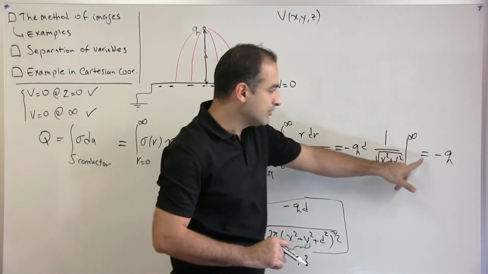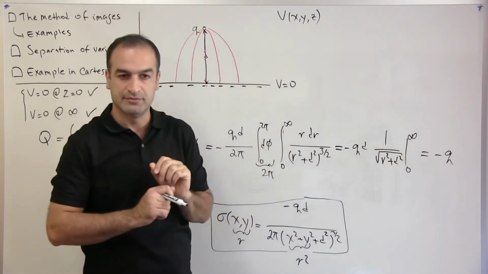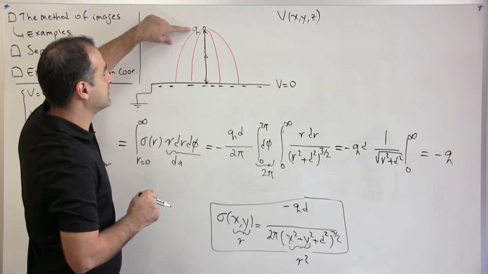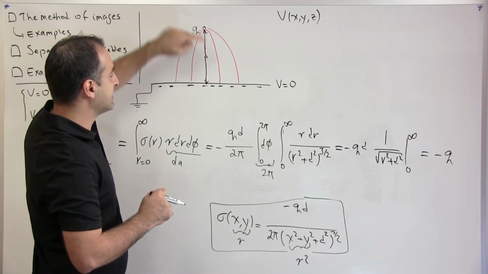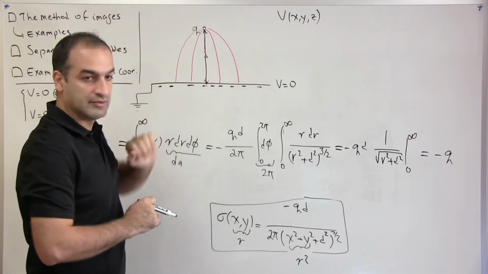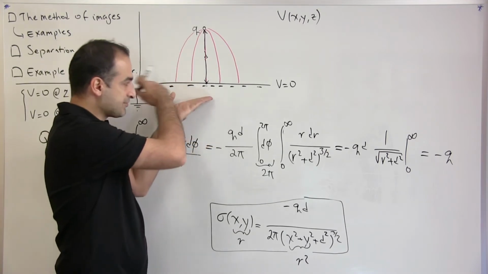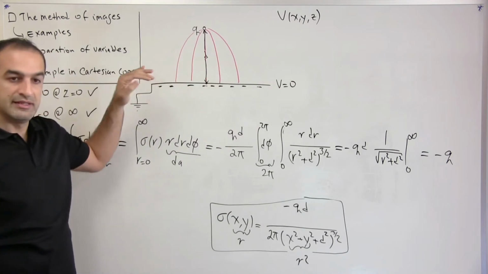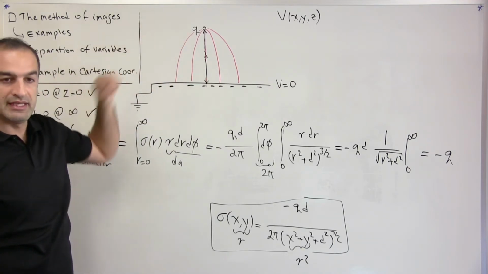At the end, the total charge on the surface of the conductor becomes negative Q. That is interesting because Q is the amount of charge we put here, and it looks like it attracts the same amount of negative charge to the surface. Of course, this negative Q is spread all the way to infinity, but the total amount of induced charge has the same magnitude as Q.